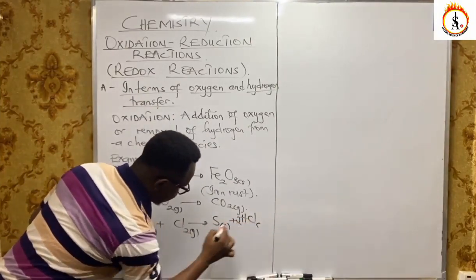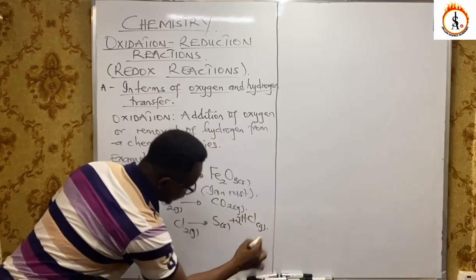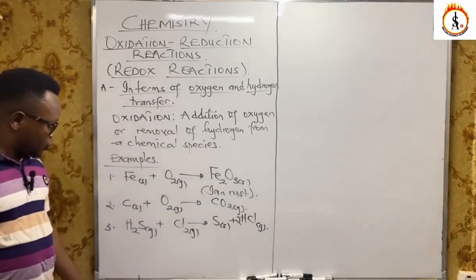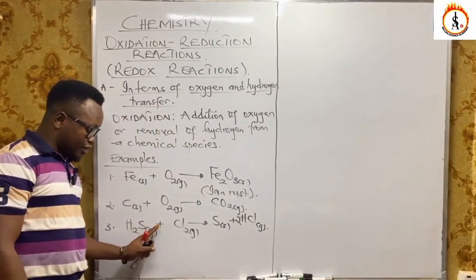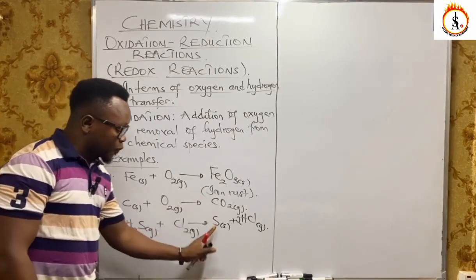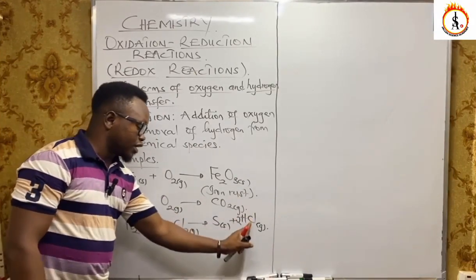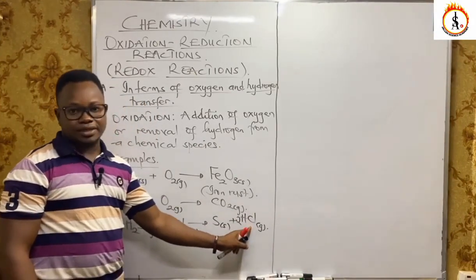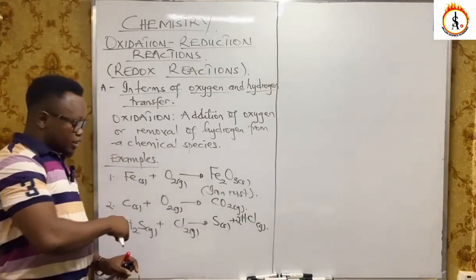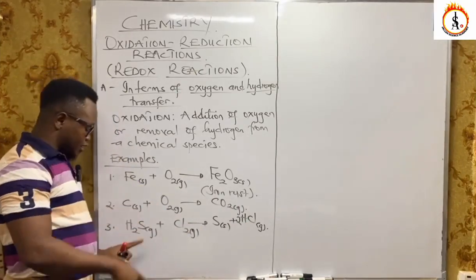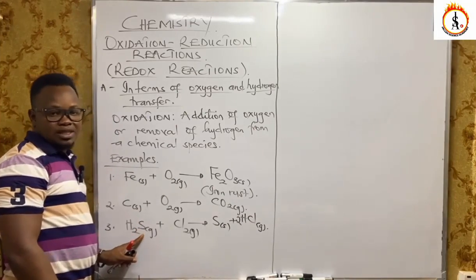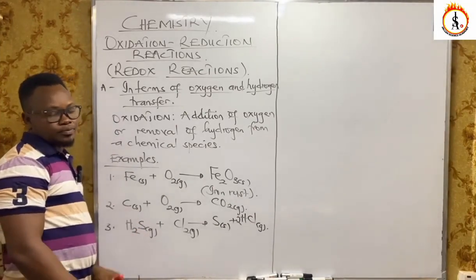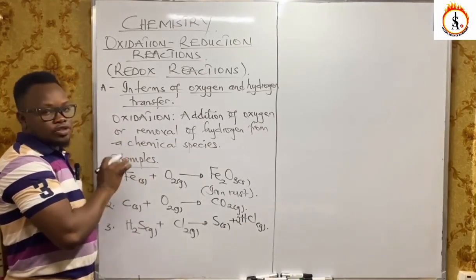This HCl that is formed is also gaseous. So you have hydrogen sulfide reacting with chlorine to precipitate sulfur and hydrogen chloride gas. In this case, hydrogen has been chemically removed from the hydrogen sulfide. So this is for oxidation.